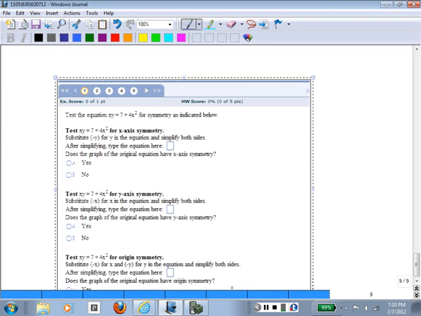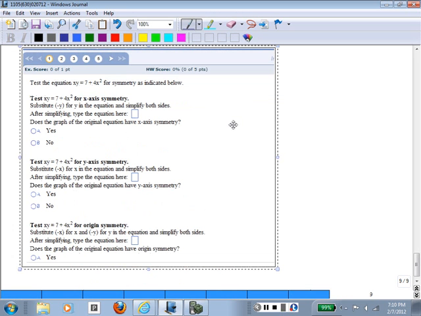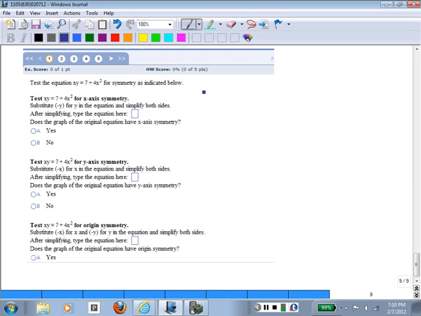We have to substitute negative y for y, and then what's x times negative y? That's really all the simplifying that has to be done. X times negative y, negative xy. Negative xy equals 7 plus 4x squared.